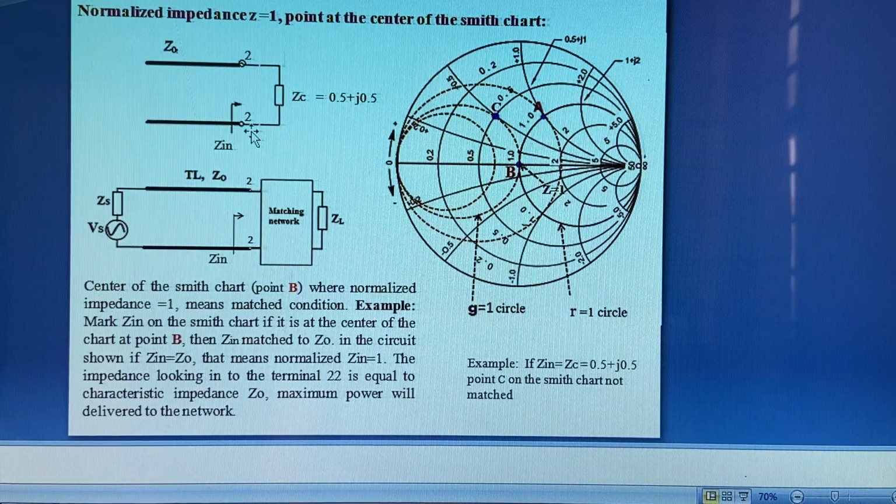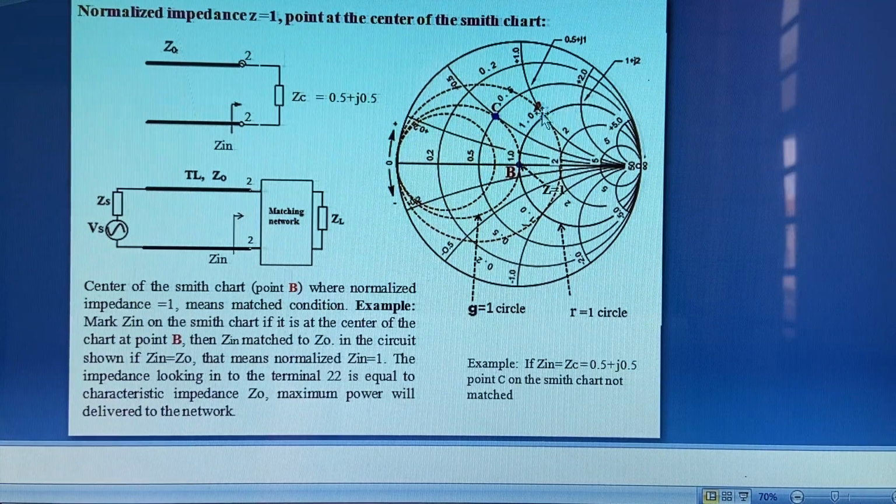Like that, by plotting we can come to know whether reflection takes place from a particular position on the circuit or not. So the center of the Smith chart, or the z equal to 1 point, plays a very important role while designing an impedance matching network.